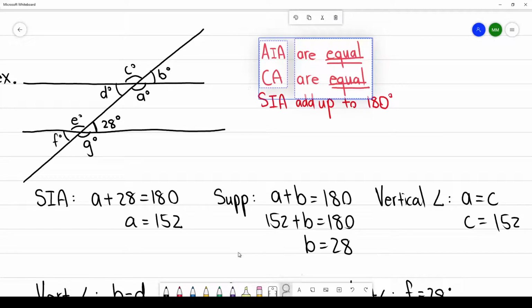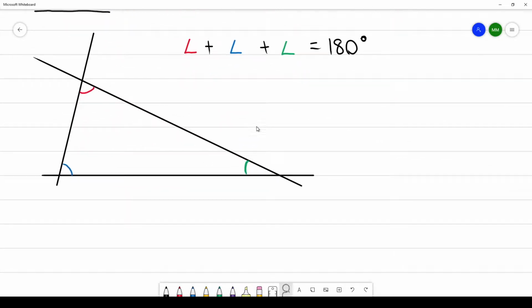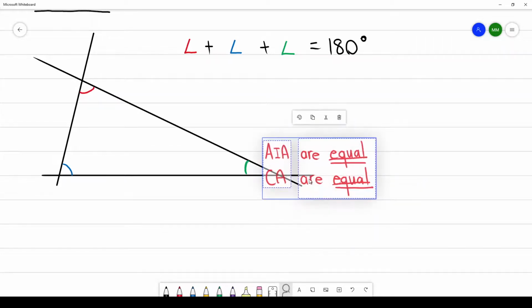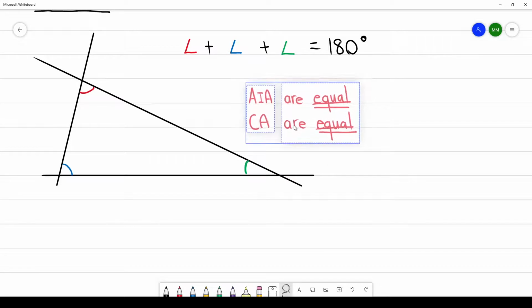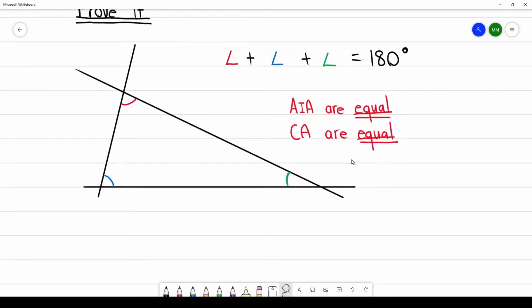So I'll copy this to here. Yeah, all you need are these two to prove it. Alternate interior angles are equal and corresponding angles are equal.